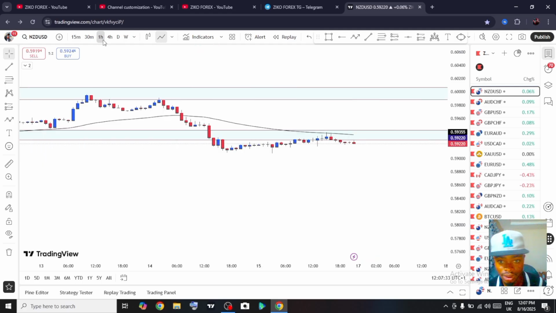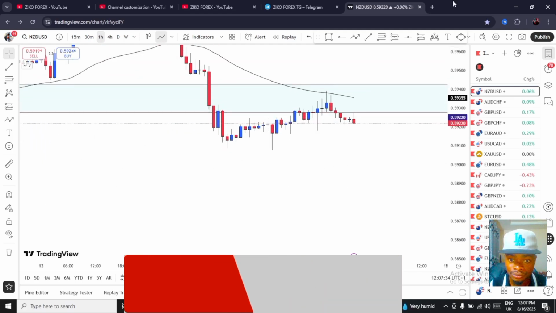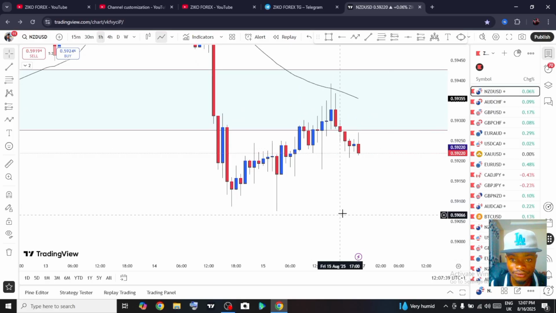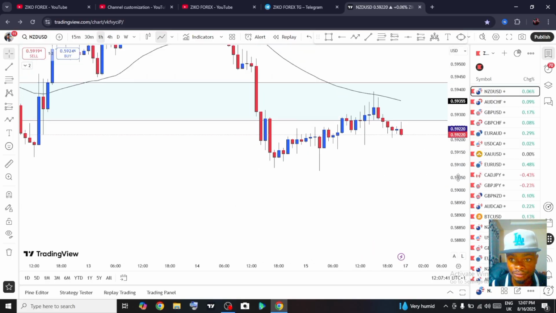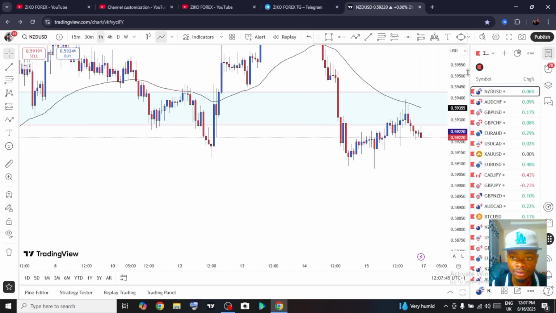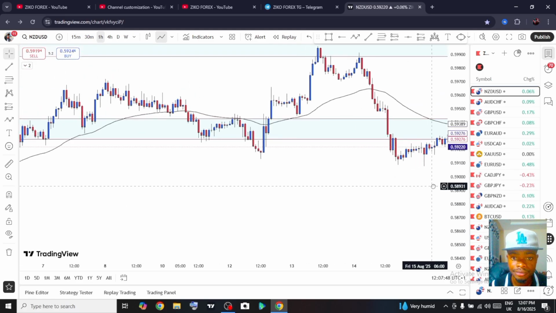Let's see how the 1 hour is going to be looking. All right, the 1 hour time frame. Let's see. We are at area of interest.